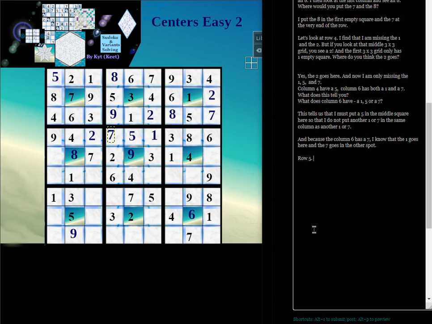Row 5. I count 1, 2, 3, 4, missing 5, 6, and has 7, 8, 9.